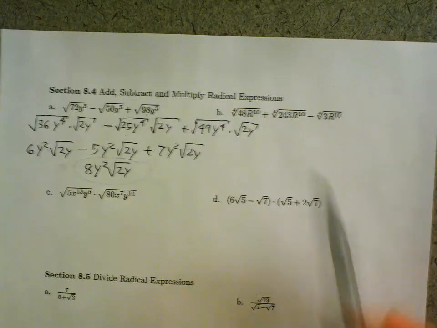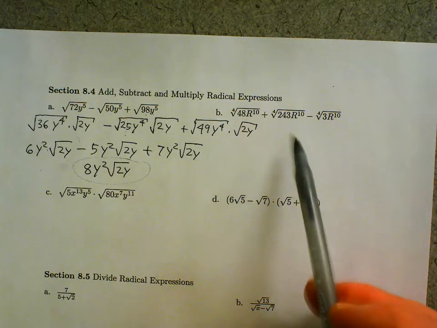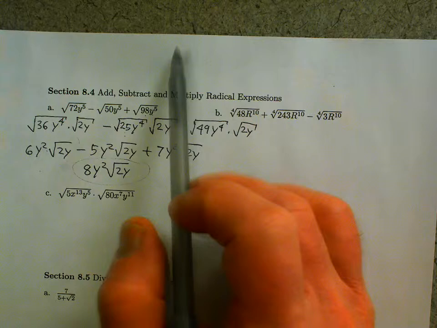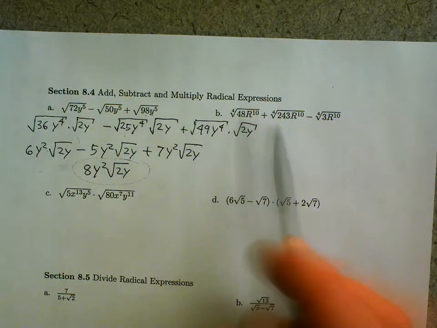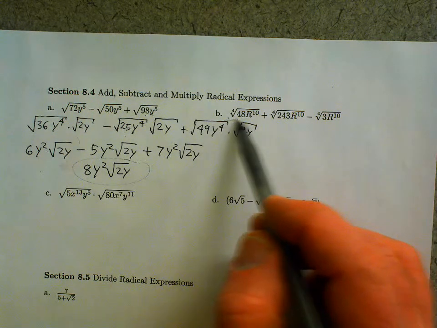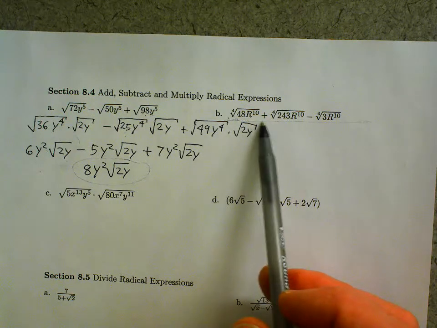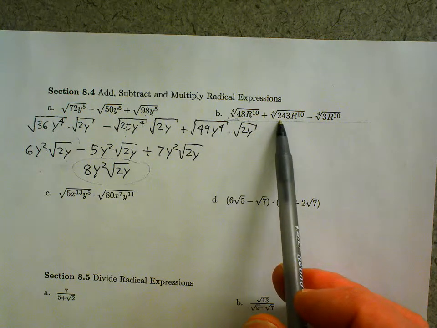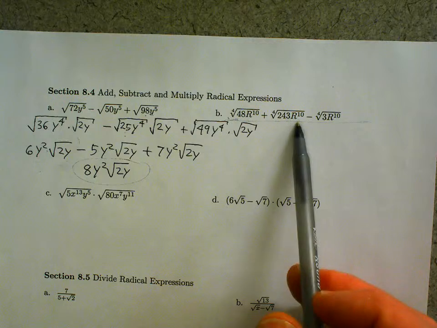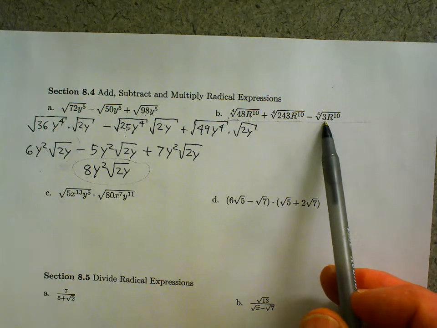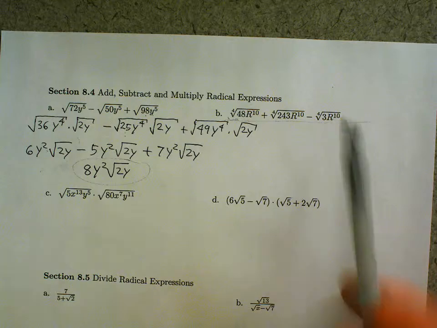In the next example, well, up here in this space above, we'll simplify this one. The fourth root of 48r to the 10th plus the fourth root of 243r to the 10th minus the fourth root of 3r to the 10th.